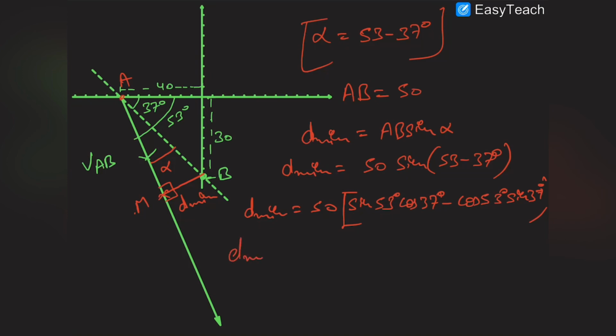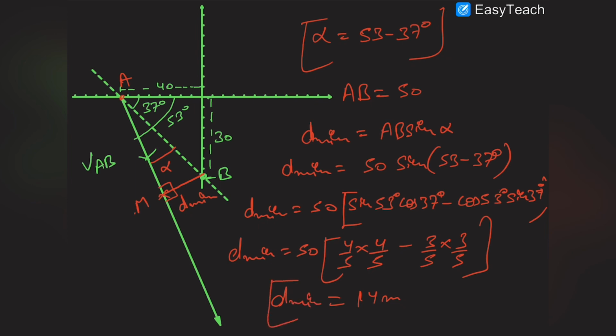So D minimum is equal to 50 into sin 53, which is 4 by 5, and cos 37 is also 4 by 5, and cos 53 is 3 by 5, and sin 37 is also 3 by 5. So this is 16 minus 9, which is 7 by 25. So D minimum is 14 meters.